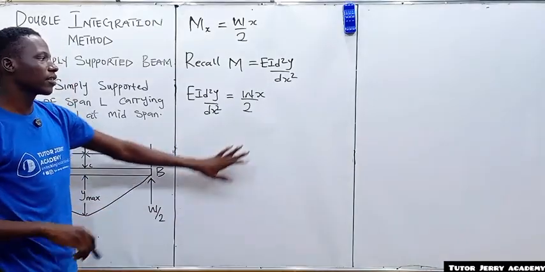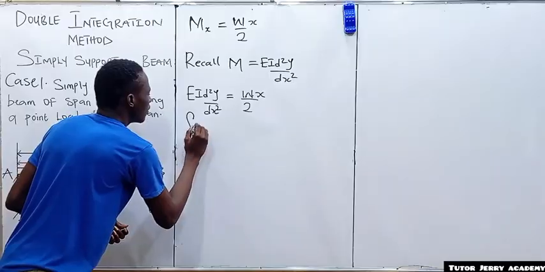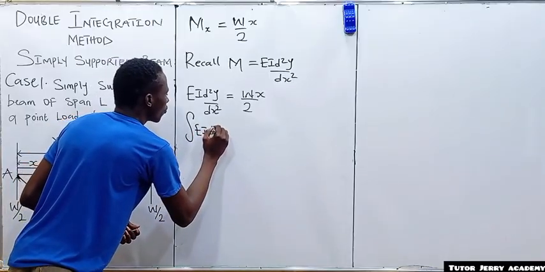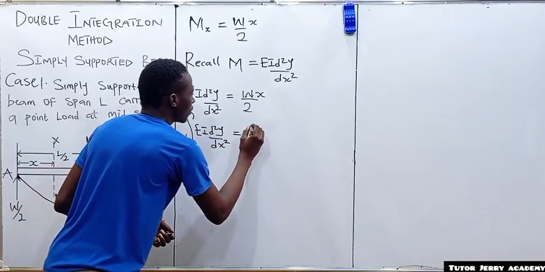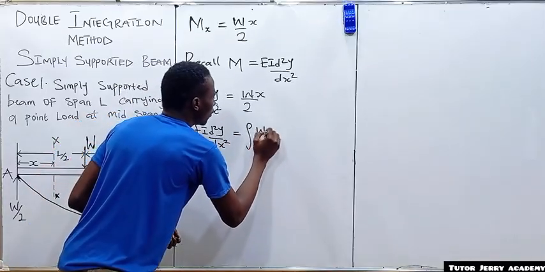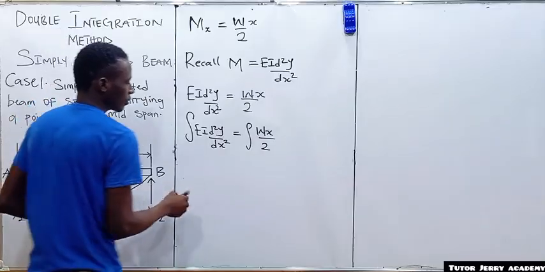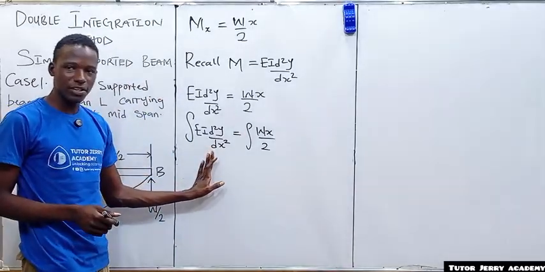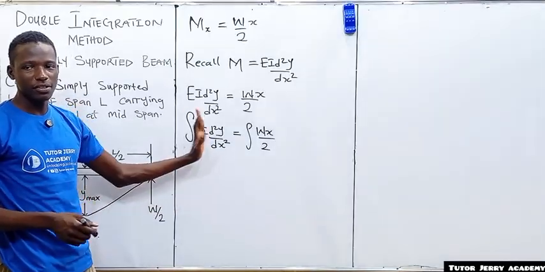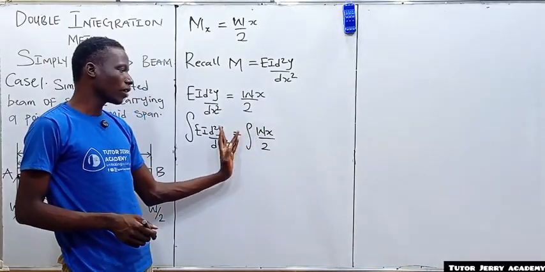Now we are going to be integrating this with respect to x. So if we integrate EI d squared y over dx squared, it equals the integral of Wx over 2 with respect to x. We are integrating with respect to x. Now if you integrate EI d squared y over dx squared, you have EI dy over dx. On the right, we take W outside, which is constant.